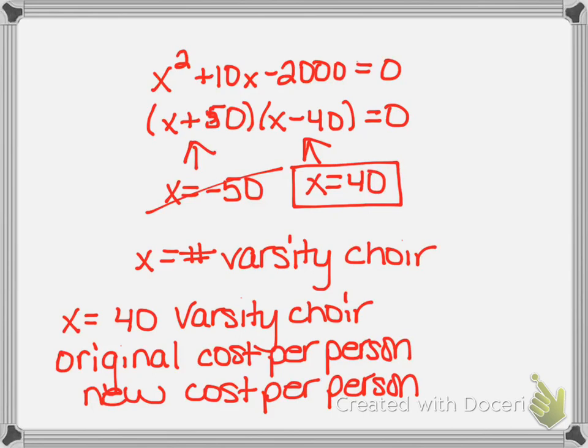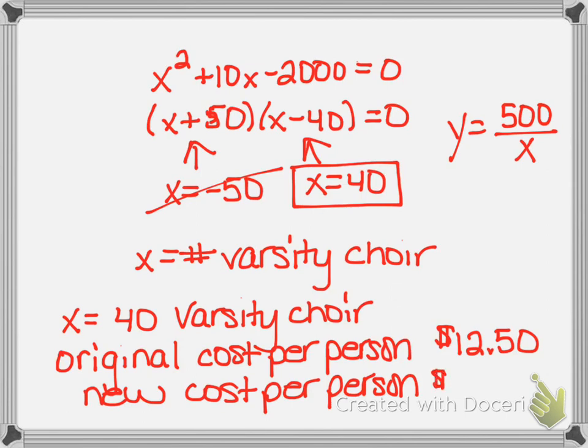And so if the bus was $500 and you divide it by the 40 varsity choir members, at that point all you're doing is the 500 divided by the original people, and you figure out that their cost per person was $12.50.